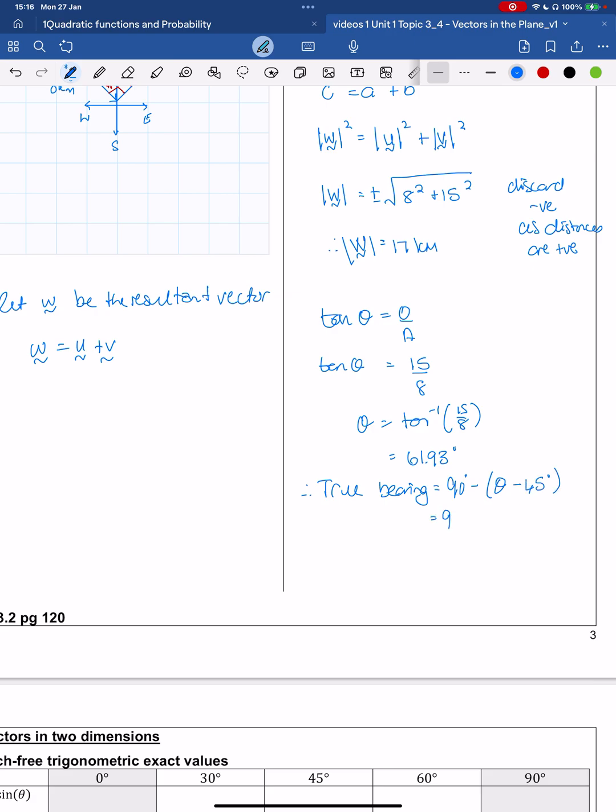So that's going to be 90 degrees minus 61.93 degrees minus 45, and that means I have 73.07 degrees true.